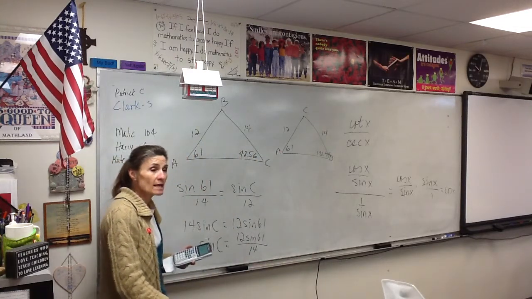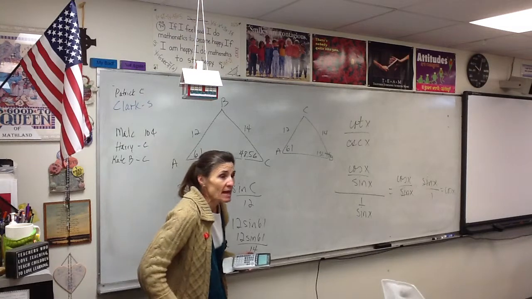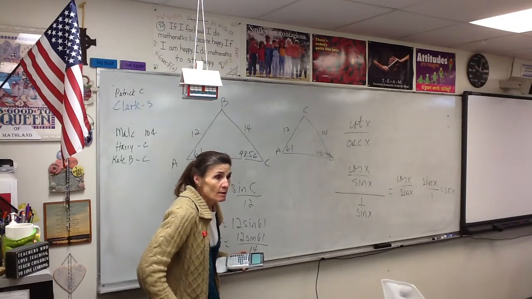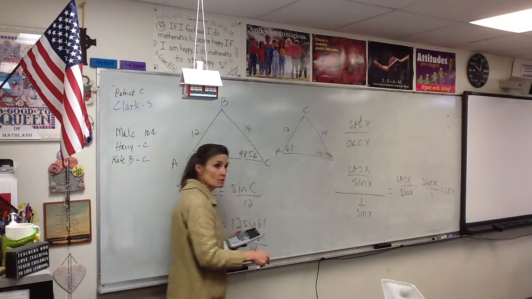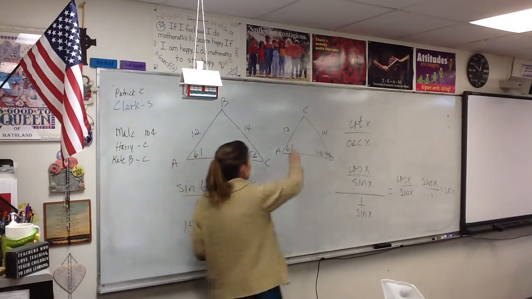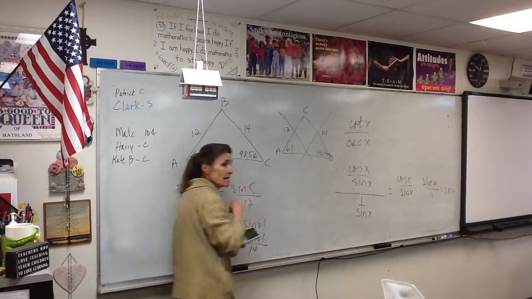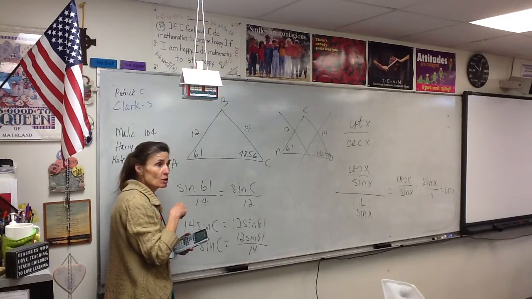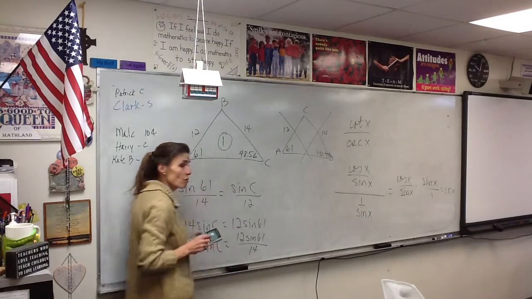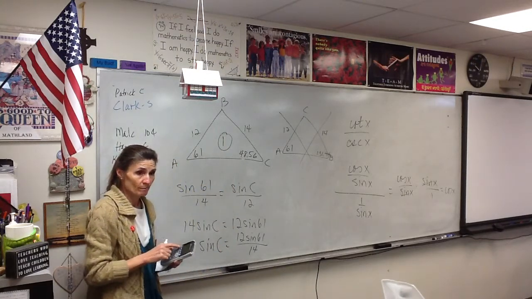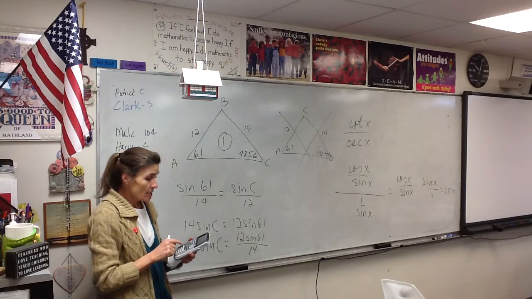No way, Jose. Because what do we know about the angles of a triangle? They got to add up to 180. And already you've got 190 something, don't you? So this triangle does not exist. No go. So what's the answer to the question? 1 triangle is possible.